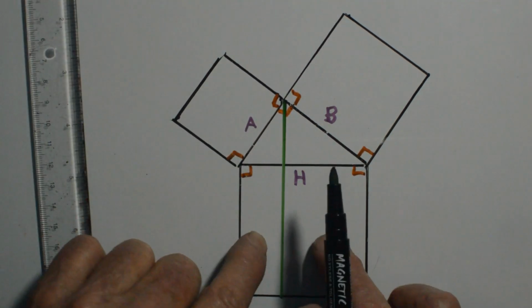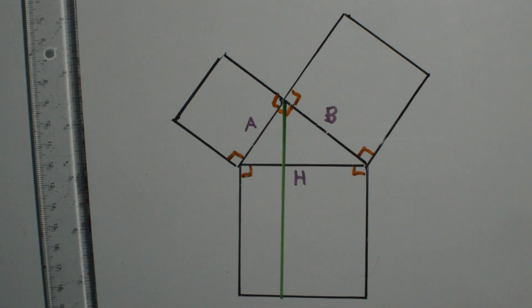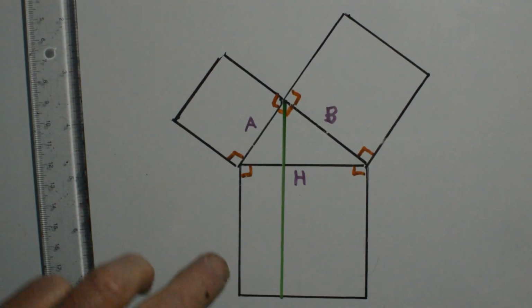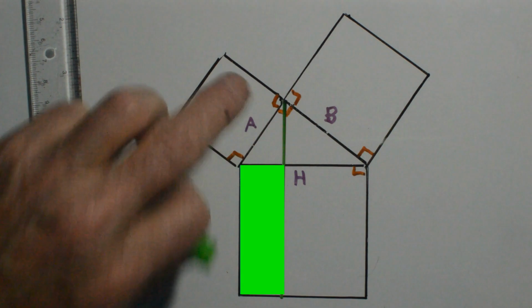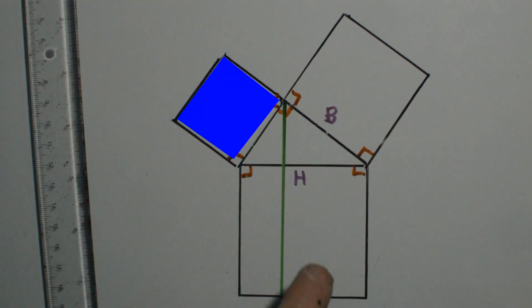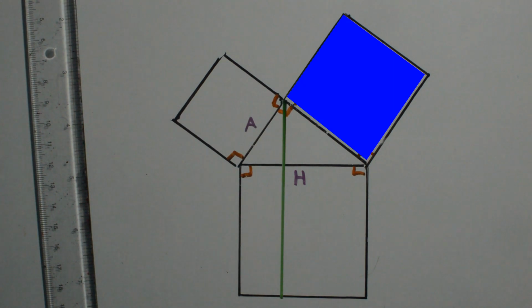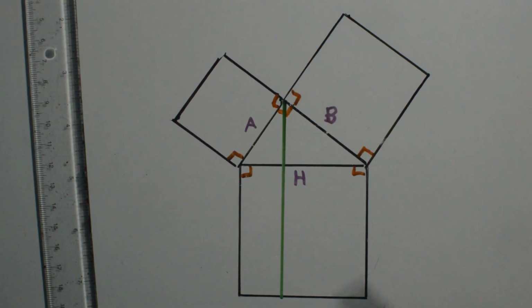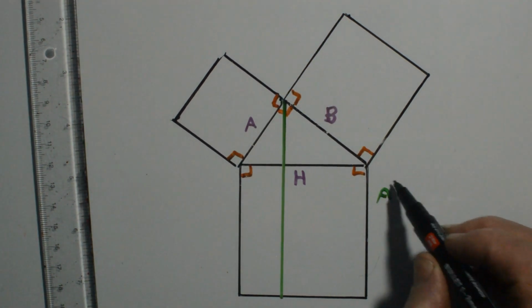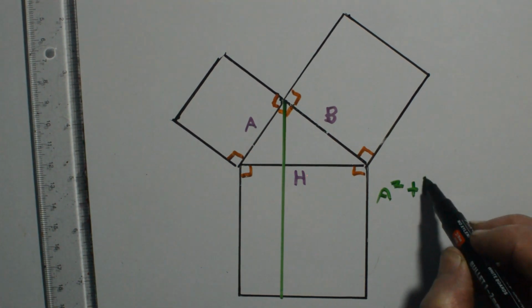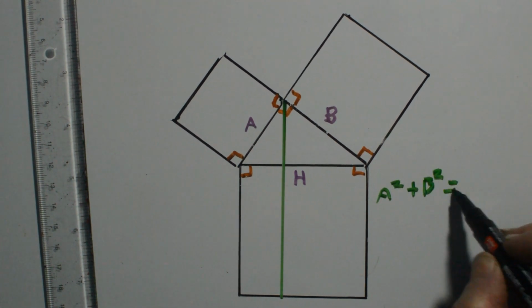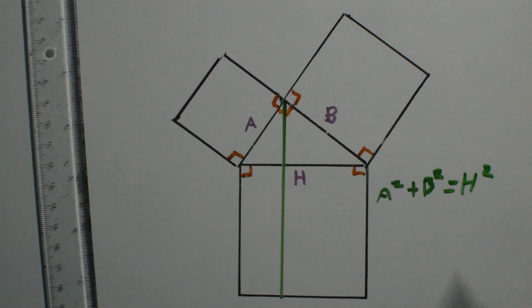It cuts this into two rectangles. And then I'm going to show that this rectangle equals this square, and this rectangle equals this square, so that a squared plus b squared equals h squared.